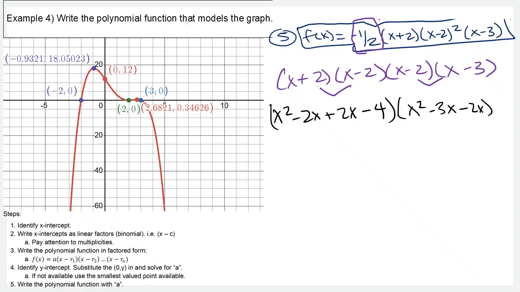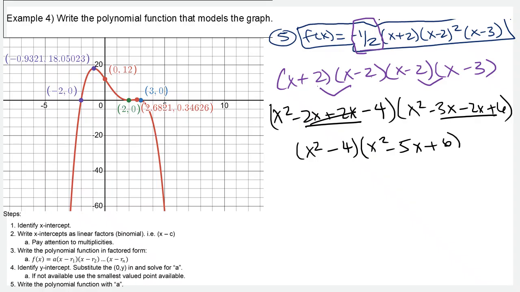And negative 2 times negative 3, oh, I got a little excited there apparently, is positive 6. Okay, we're going to clean these up by combining like terms. These like terms, thankfully, are going to cancel out. So we're left with x squared minus 4 times x squared minus 5x plus 6.